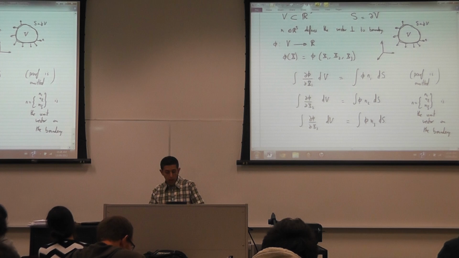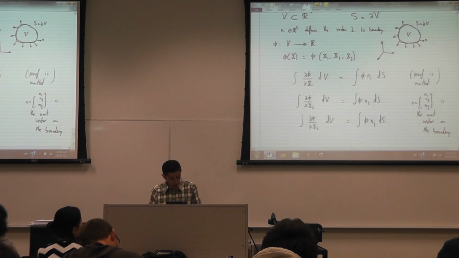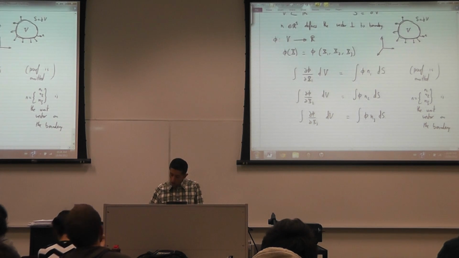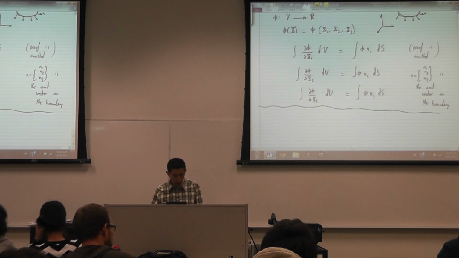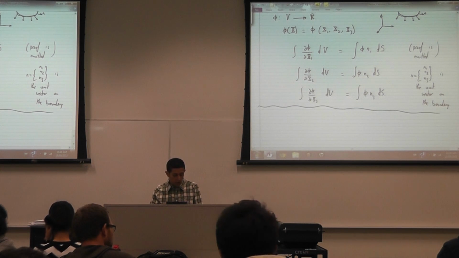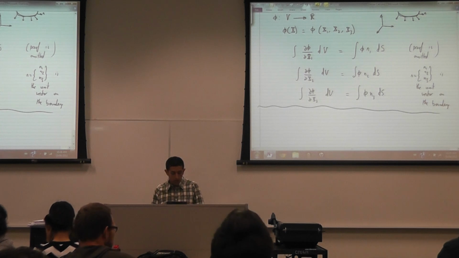So last year, there were a few bonus exercises after this divergence theorem. And last year, I asked them one of those bonus exercises, and they're very simple to do.